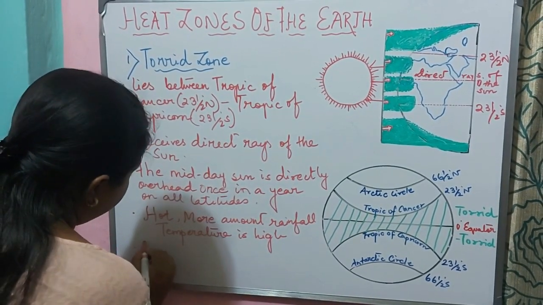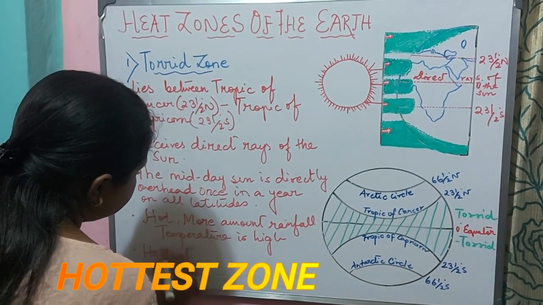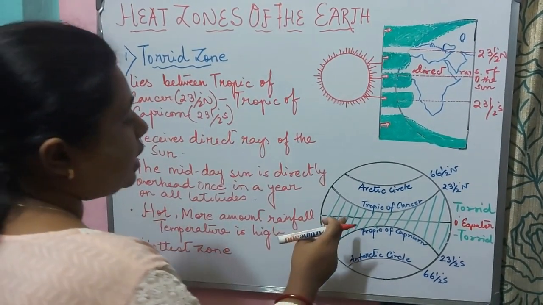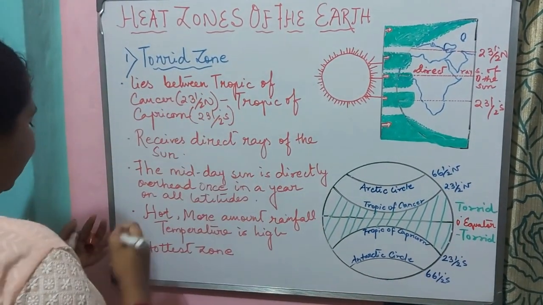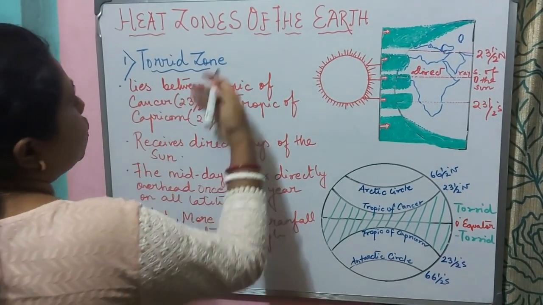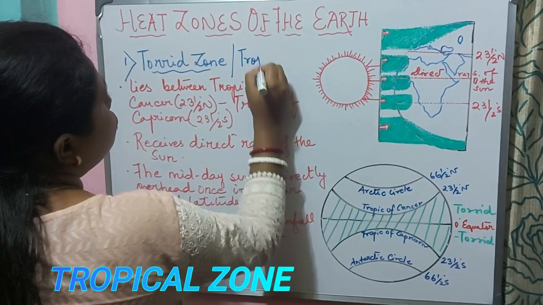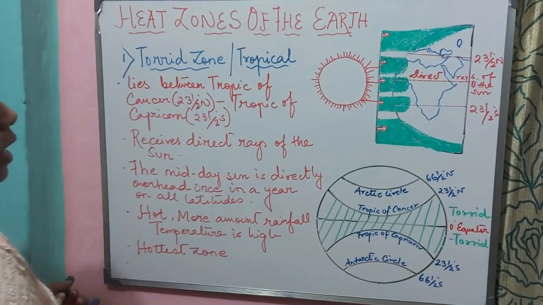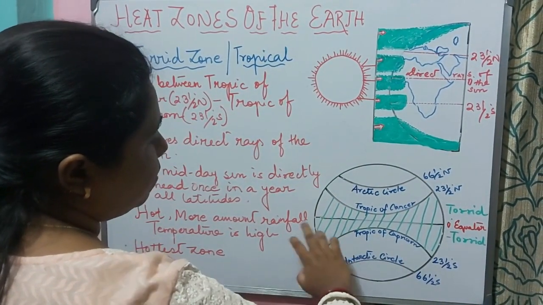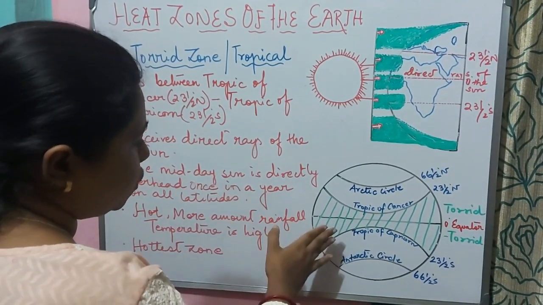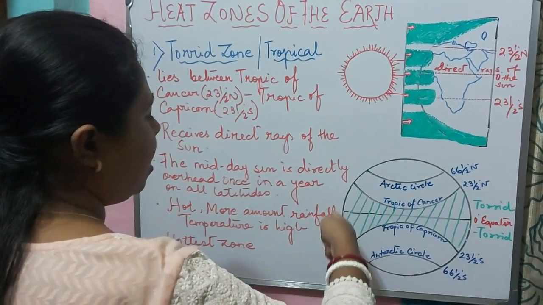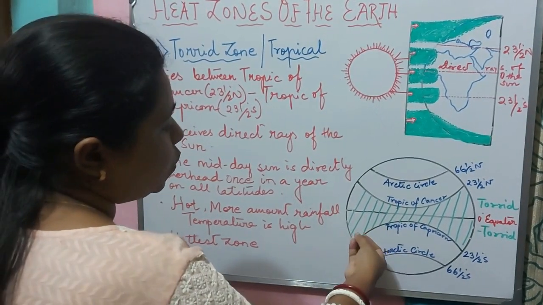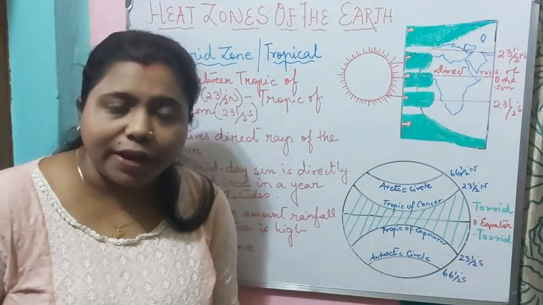We call this zone the hottest zone, and also we call it tropical zone, torrid or tropical zone. So this is the other name of torrid zone. So these are the regions which receive the maximum amount of heat, that means the direct rays of the sun. So that is why the temperature in this area is very high. Here the amount of rainfall will also be very high. We call this zone the hottest zone of the earth, right?